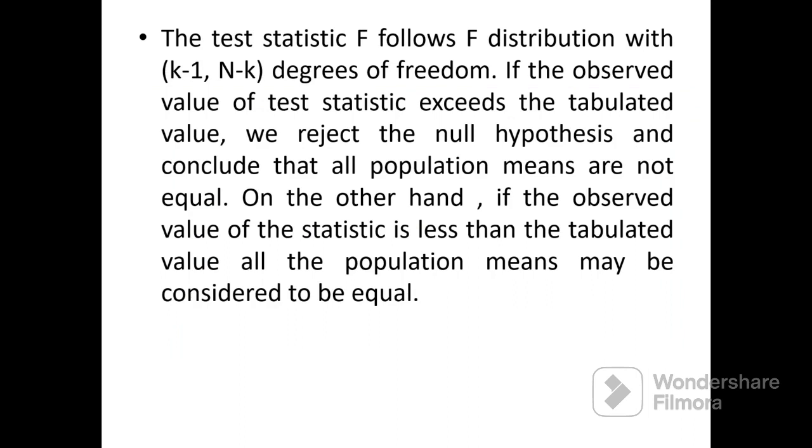The rule is the same for ANOVA also. The test statistic F follows the F distribution with k minus 1 and capital N minus k degrees of freedom. In the F table we have to find the standard value for k minus 1 and capital N minus k degrees of freedom. And if the observed value of the test statistic exceeds the tabulated value, we reject the null hypothesis.